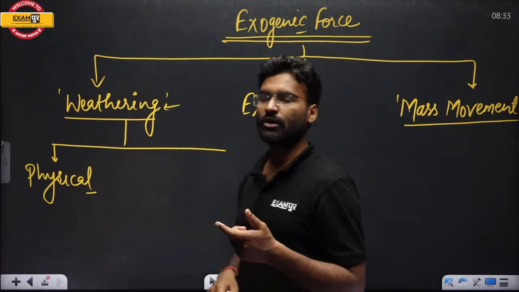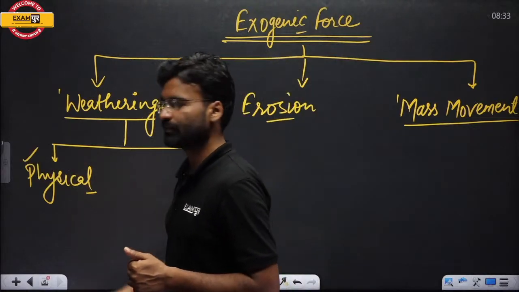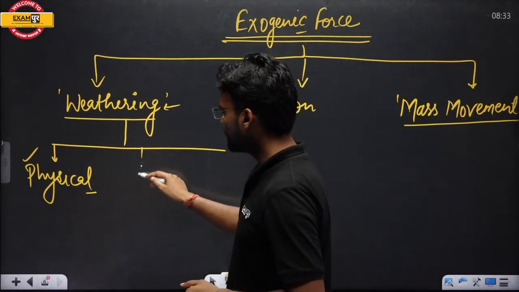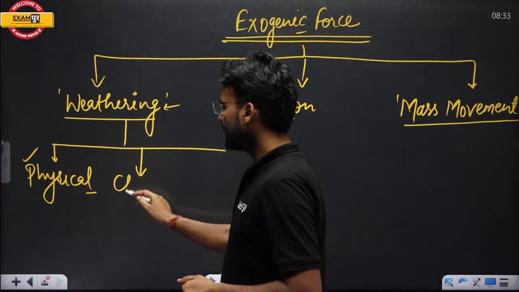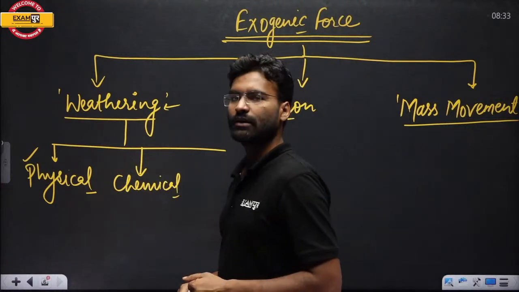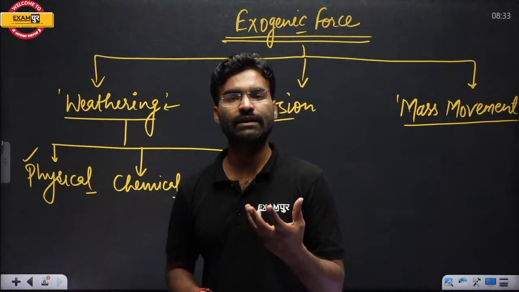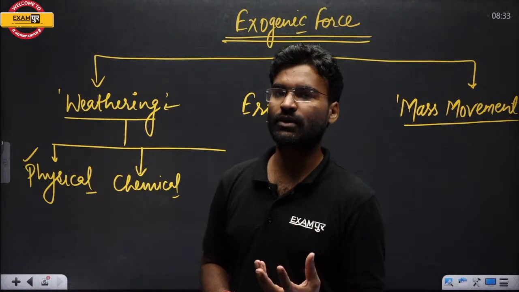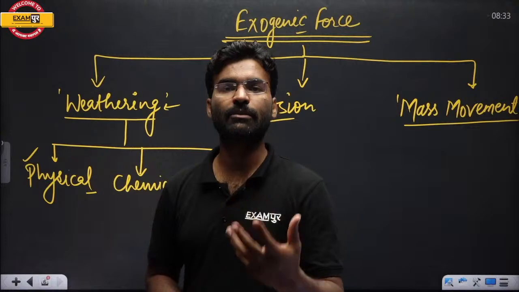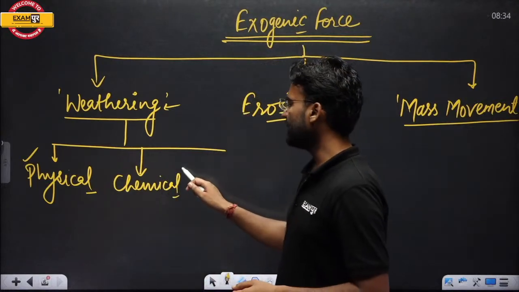Weathering due to physical agents is termed physical weathering. Some phenomena are due to chemicals present in the rock. If a rock loses its actual form due to chemical reactions or chemical factors, such a phenomenon is called chemical weathering.